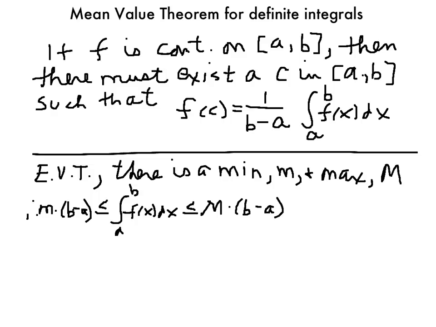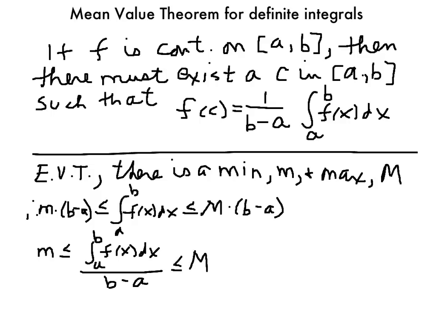Well, what that means then, if we divide by b minus a, is that m is less than or equal to the average value of f on the interval a to b. And we've said that's a y value. So the average value is a number, and it's between the minimum and the maximum.